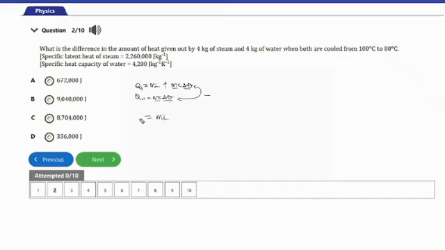So ml here is the mass 4 kg times the specific latent heat, which is 2,260,000 joule per kilogram. If we multiply this by 4, we get 9,040,000 joules. So that's option B here. Let's go ahead and consider the next question.